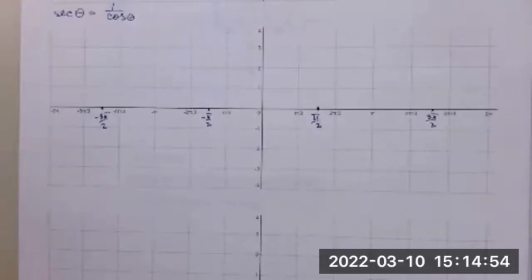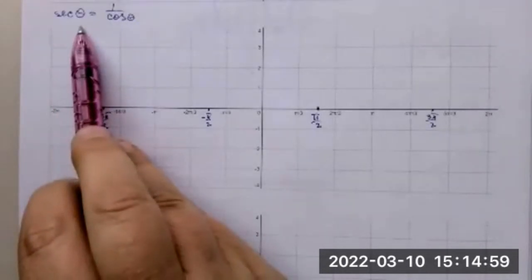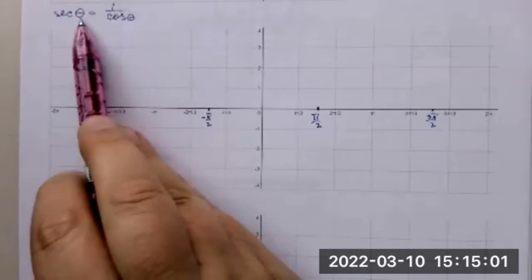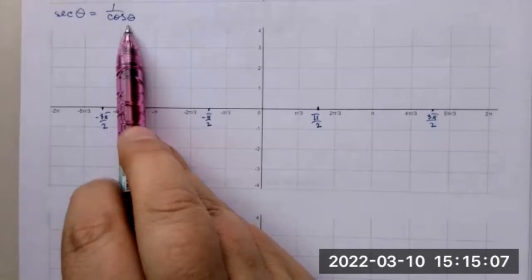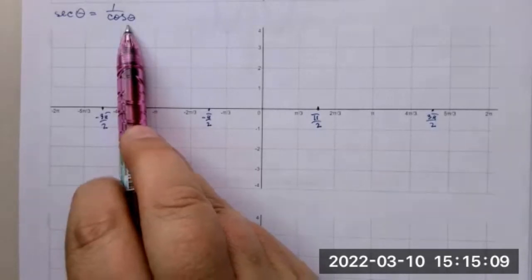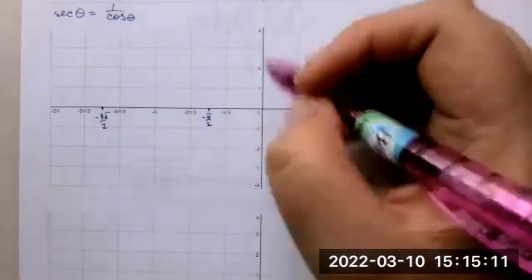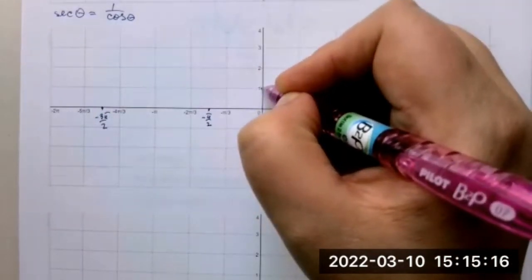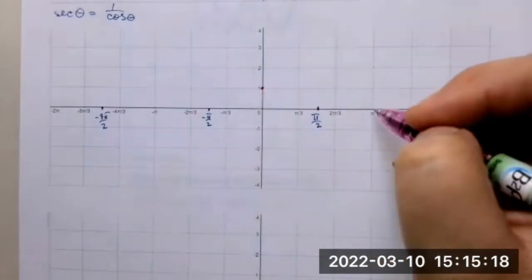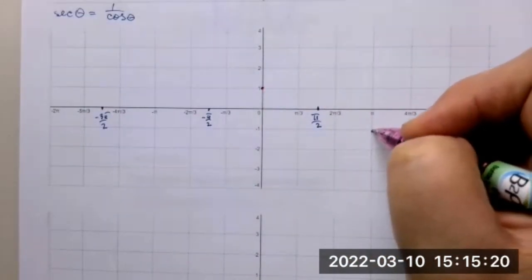Now let's take a look at how we're going to graph a secant function. The secant function is 1 over cosine theta. So we are going to start by sketching a cosine theta function. In order to do that, we know that cosine has its maximum at 0 and it has its minimum at pi.